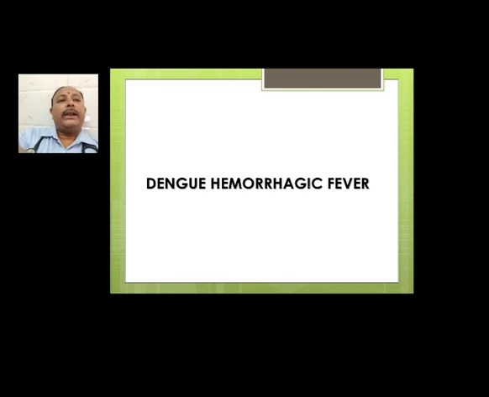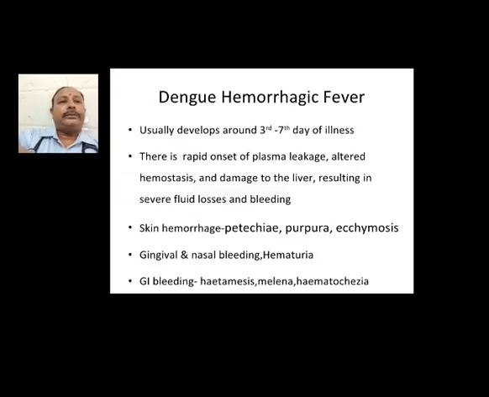Now, dengue hemorrhagic fever. In dengue hemorrhagic fever, it usually develops around the 3rd to 7th day of illness. There is rapid onset of plasma leakage, as we have already seen in that cycle, altered hemostasis and damage to the liver, resulting in severe fluid losses and bleeding.